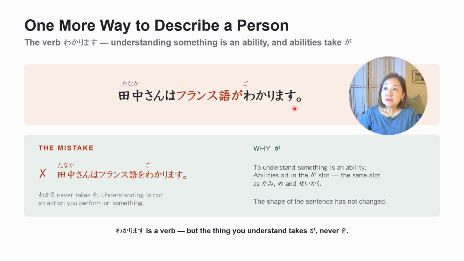Notice that we're using the same pattern. X は Y が. And you may already be familiar with a sentence like 日本語がわかります。For now, わかります is the only verb you've learned that fits this pattern this way. As you continue studying, you will come across more verbs that can also fit into the same sentence structure.